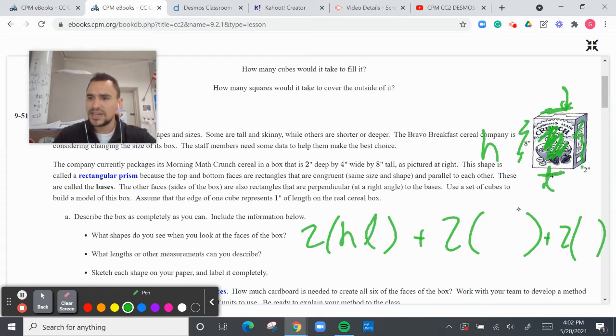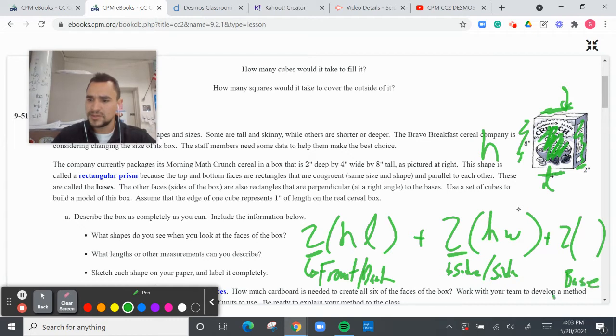And then on the side, we had the height and the width. And then for the base, top and bottom, that's why there's 2 here, we're going to do the length and the width.